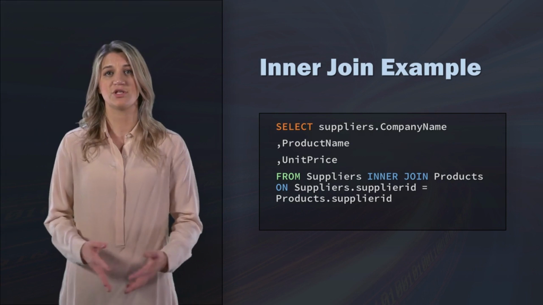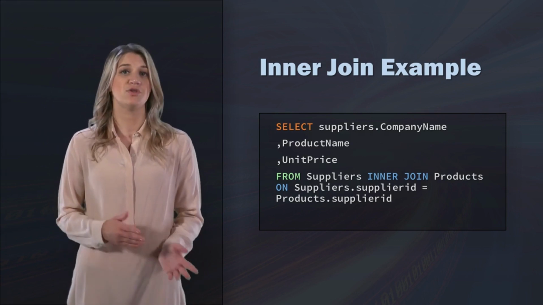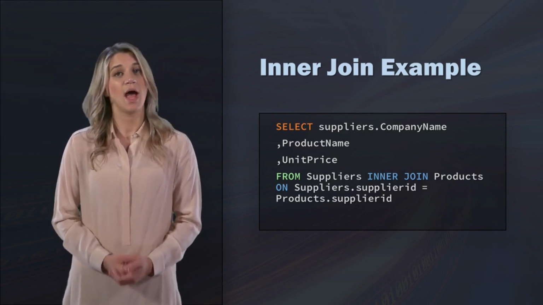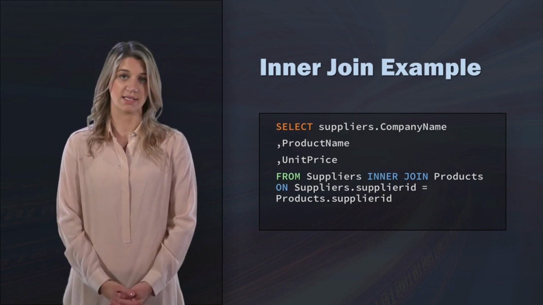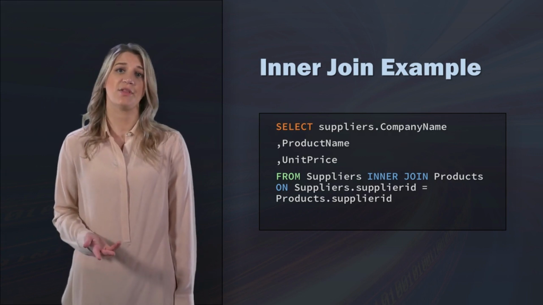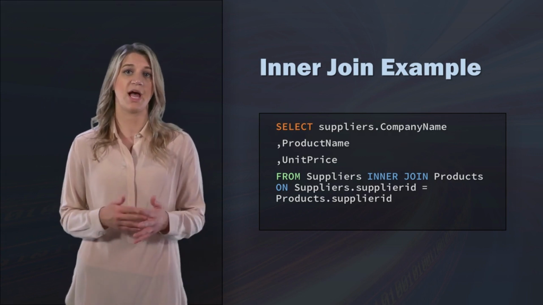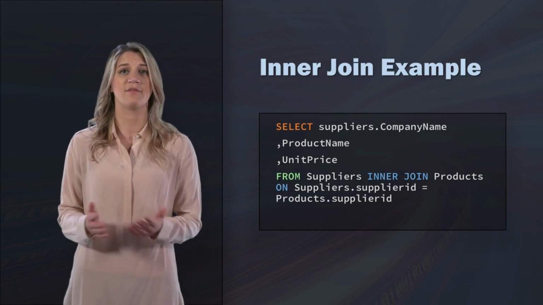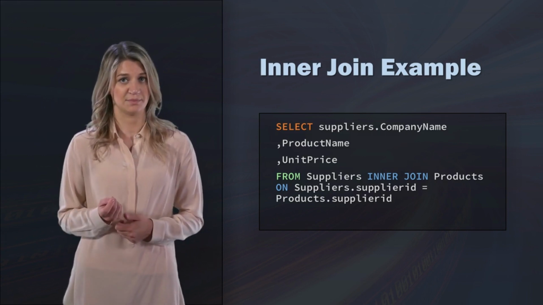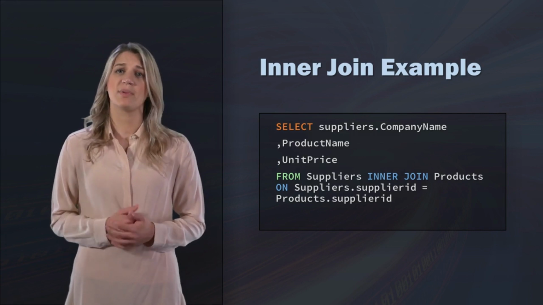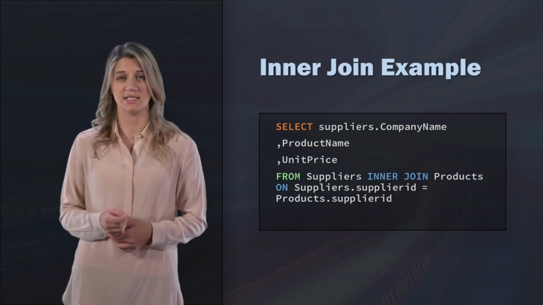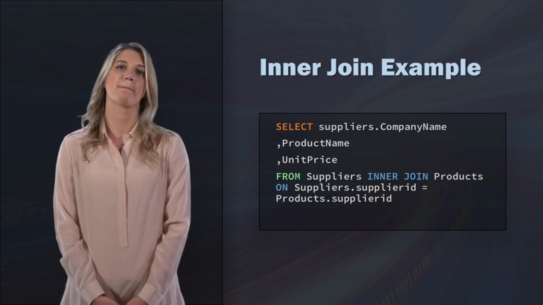The connection between the key of the two tables is the supplier ID in the suppliers table and the supplier ID in the products table. So you'll notice that supplier ID equals supplier ID, but before that, I've pre-qualified which supplier ID. So I have the supplier IDs from the suppliers table that equals the supplier IDs from the products table.